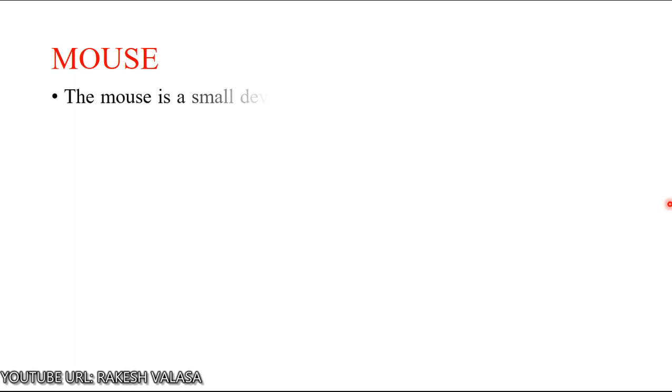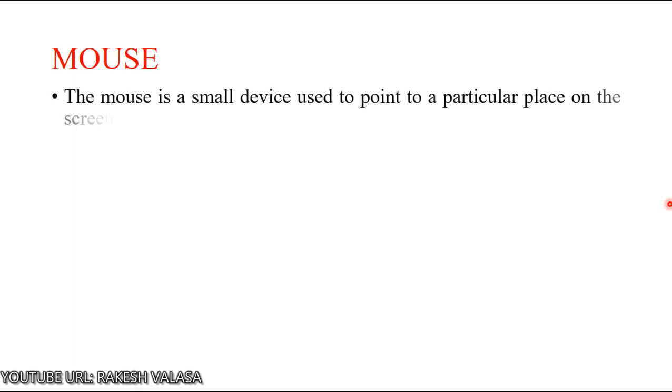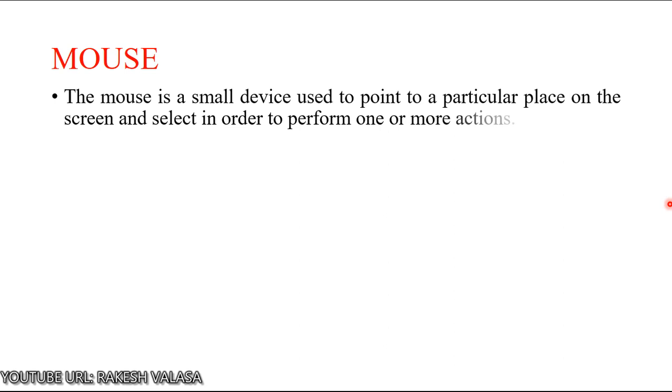Let us see the functions of the mouse. The mouse is a small device used to point to a particular place on the screen and select in order to perform one or more actions.